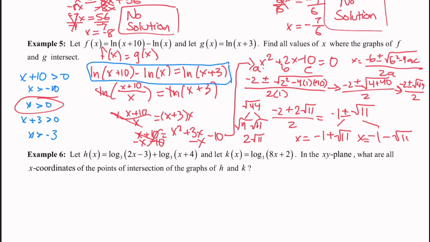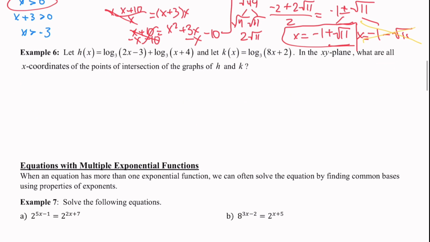But this one right here must be like negative 1 minus 3 point something, right? But that gives us negative 4, which doesn't work. This does not work right here. So it looks like this is our only answer. That's very tedious work. So moving on to example 6, we have h and k here.